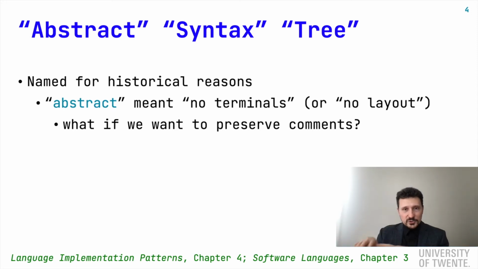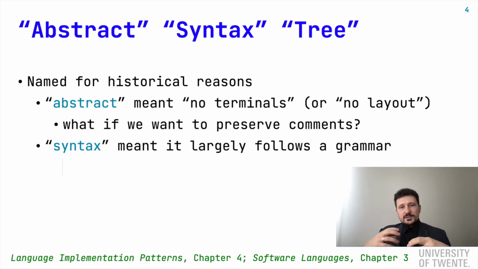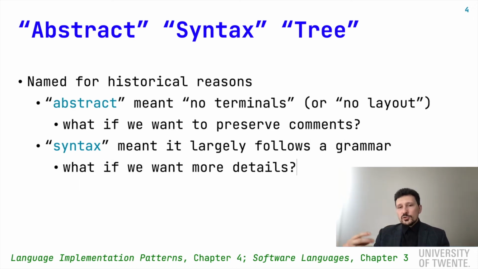So then we do sneak them into the abstract syntax tree, and nowadays nobody bats an eye if you have a comment node in your abstract syntax tree. The syntax used to refer to the fact that the tree largely follows a grammar, mostly because if it doesn't, then you need to do something. Right? You've been through that, at least some of the groups, where you realize that the tree that ANTLR is giving to you is not very comfortable for you to work on.